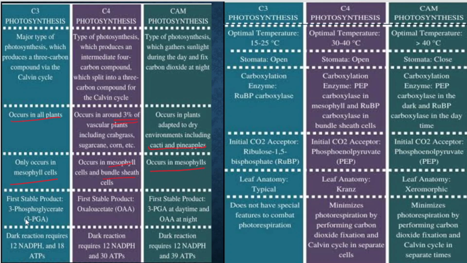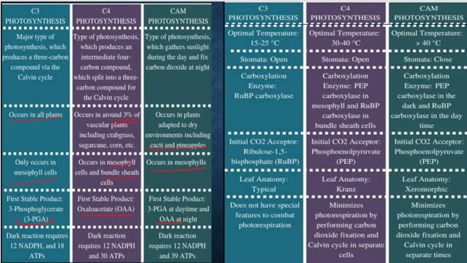But the main difference is the first stable product formed in the C3 cycle is 3-phosphoglyceraldehyde, which is a 3 carbon atom molecule, and in C4 and CAM the first stable product is oxaloacetate.